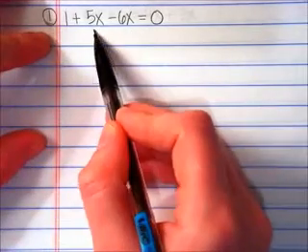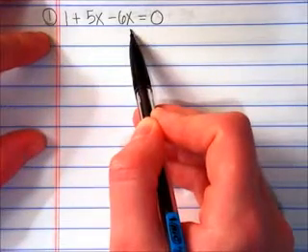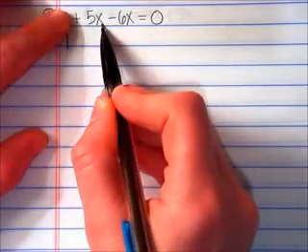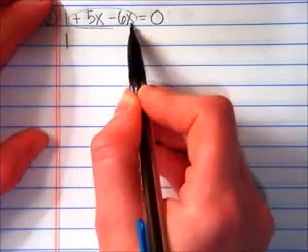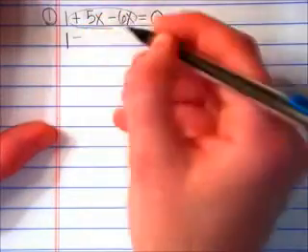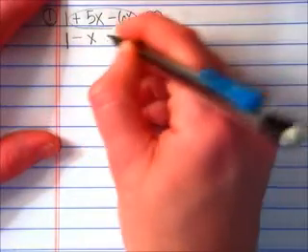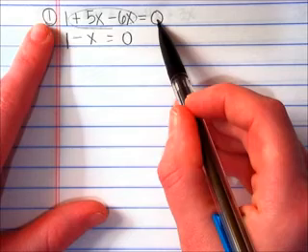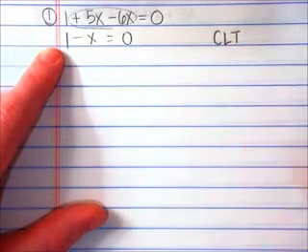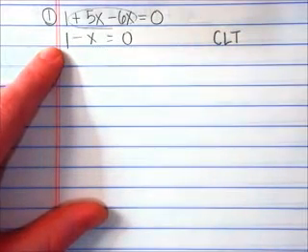So if you'll see here, 5x and the 6x are like terms. So if I combine these, 1 plus, I've got positive 5x minus 6x. Well, 5 minus 6 is negative 1, so it'd be minus 1x, or just minus x. So to go from here to here, we combined our like terms, which I'm going to abbreviate CLT.